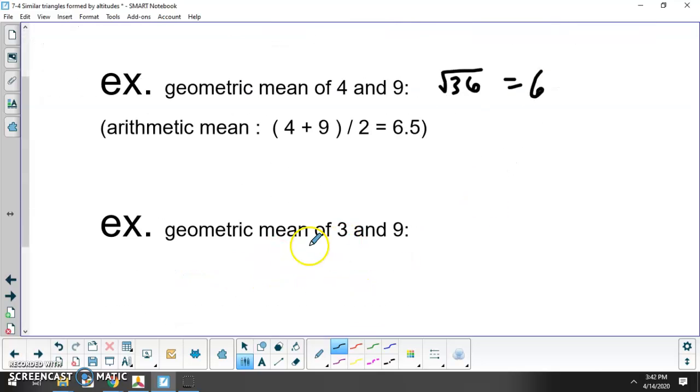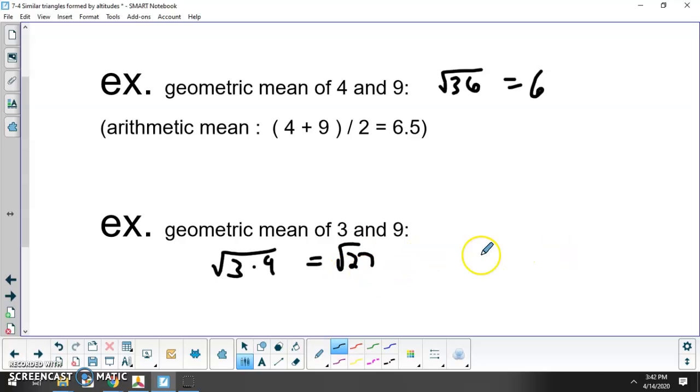Here's another example. This one is not so easy to get an exact answer for. Geometric mean of 3 and 9. We take the square root of 3 times 9, which is the square root of 27. But there is no perfect square root of 27.